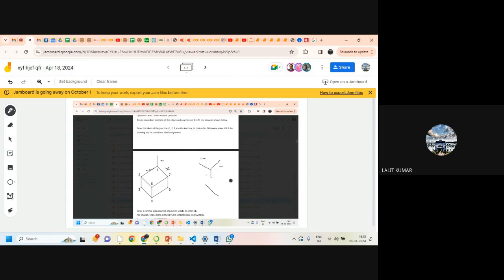It can be this Y, plus plus plus. And there is a third type of Y, where there is an arrow coming, an arrow going, and there is a minus here, if I'm not wrong. This we'll see.